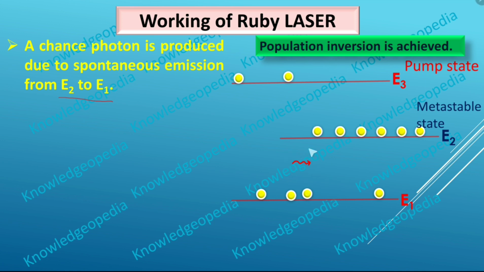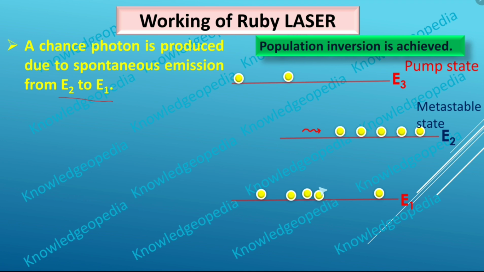Now what will this photon do? This photon will trigger one of the excited ions sitting at energy state E2. So when this photon is hitting or triggering some ions sitting at E2, then stimulated emission will take place. So this ion is moving from E2 to E1 because of the stimulation by this photon.